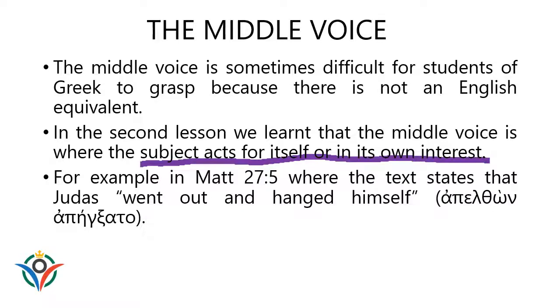That is a simple way to think of the middle voice at this point. And here is an example of one use of the middle voice from Matthew 27 verse 5, where it speaks about Judas, and it says Judas went out and hanged himself. In other words, Judas, the subject, acted for himself in his own interest.